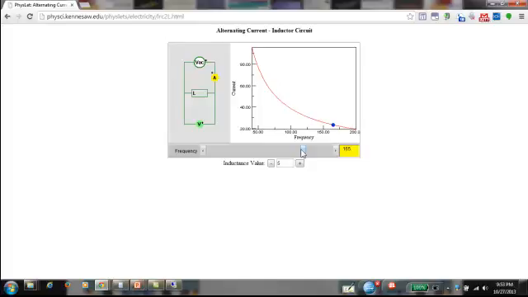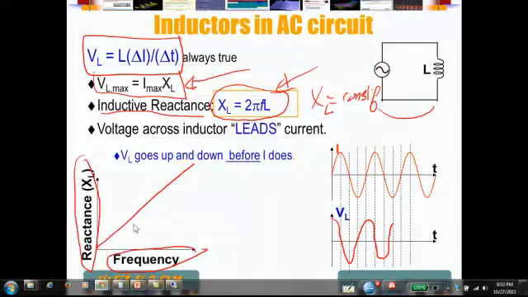And for the capacitor we found a linear dependence for the current, while we find the linear dependence for the reactance for the inductors.